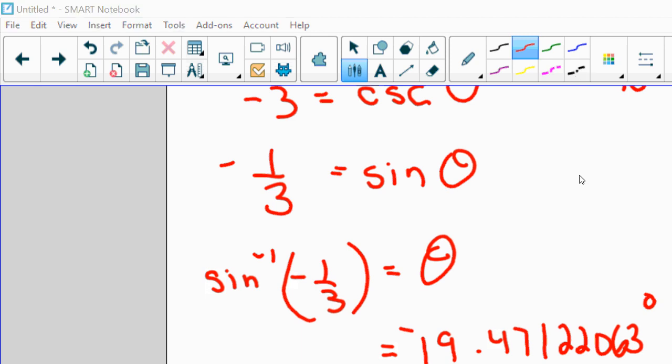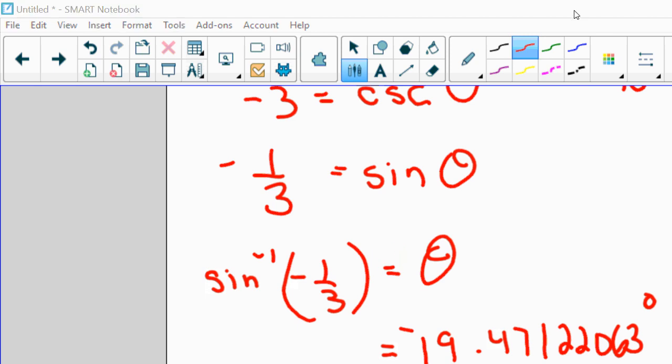Or you could go mode, radian, second quit, reevaluate, and get negative 0.339 rad.